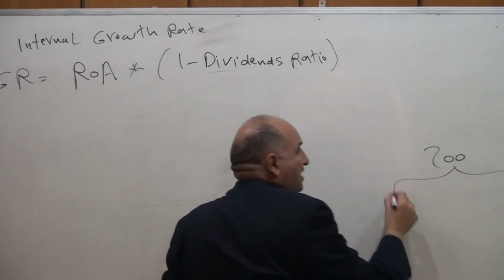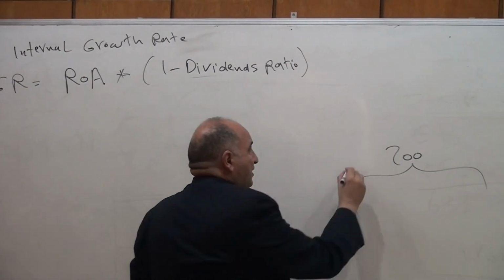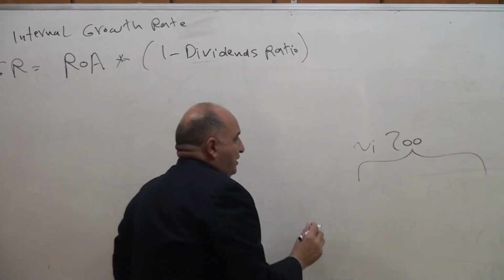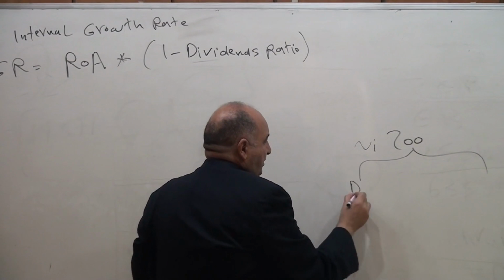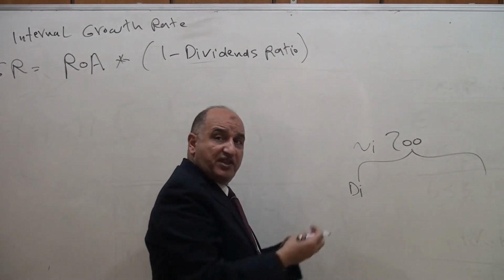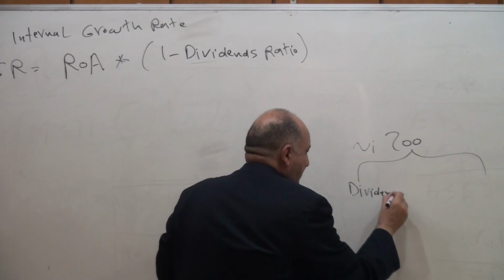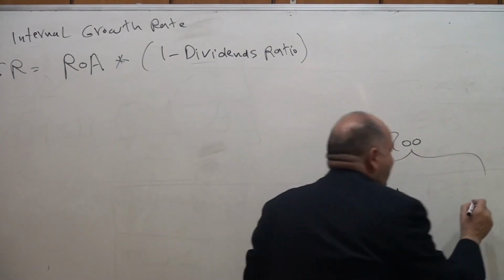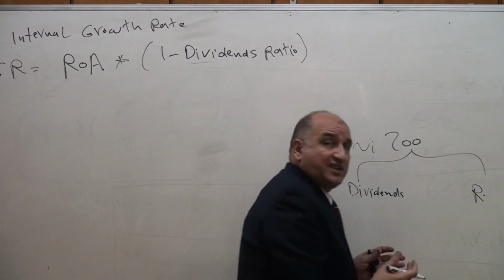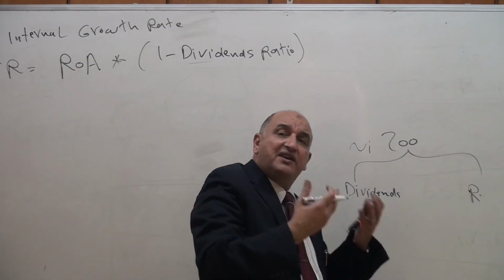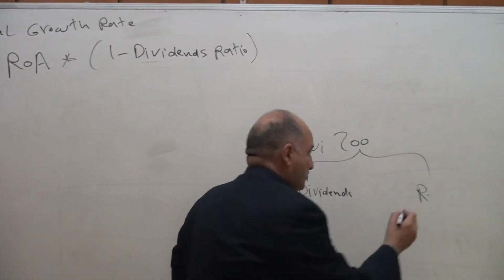Because if we have 200 million as net income, what you have to do is distribute part of it as dividends, توزيعات, and you have to take the rest as retained earnings, أرباح محفوظة.